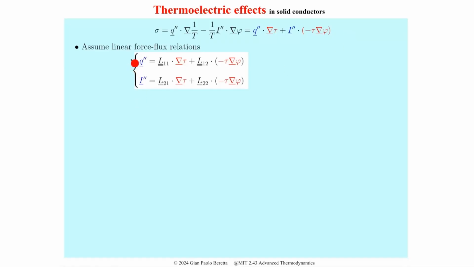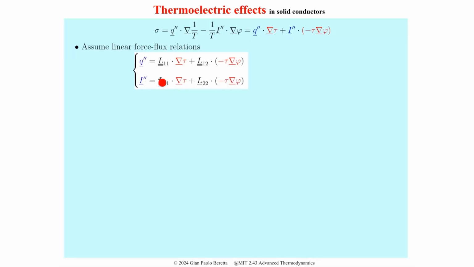Now, in order to bring in the features of the material, you have to model the relation between the fluxes and the forces. And if we assume a linear force-flux relation, because we assume that we are near equilibrium and so on, this is the most general linear relation between these fluxes and these forces. And it has a matrix of coefficients, which is the Onsager matrix of coefficients.